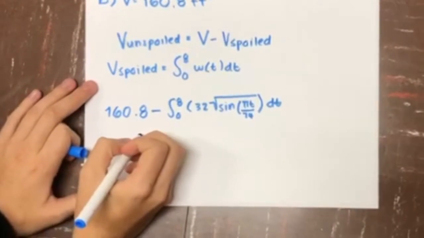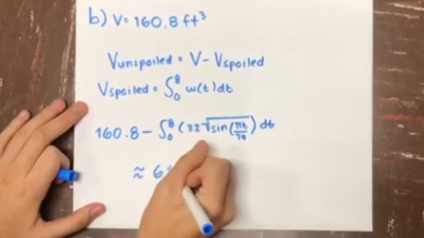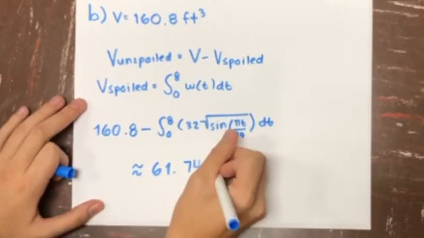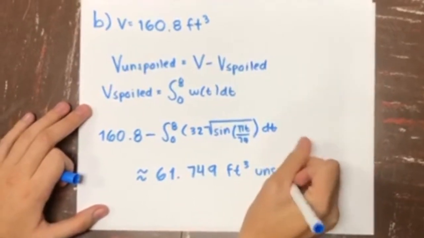Solving with a calculator, this will give us the answer of 61.749 cubic feet of unspoiled grain.